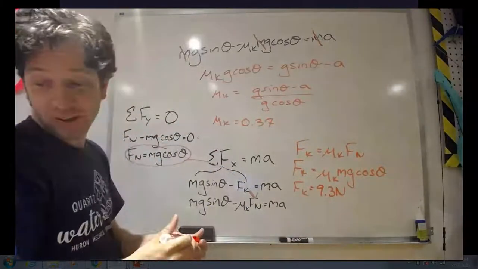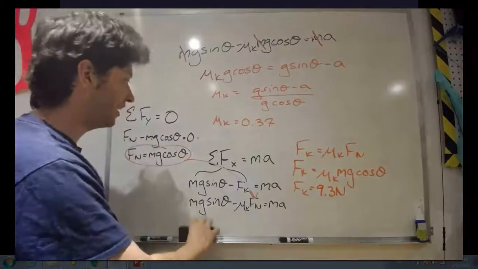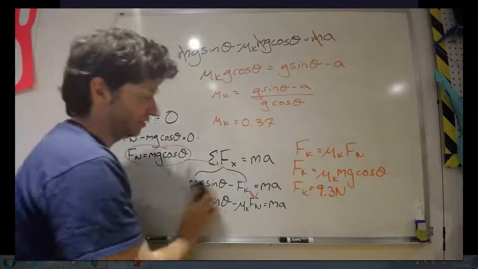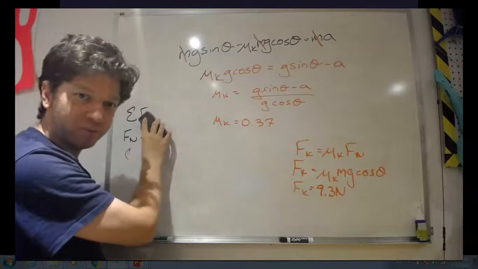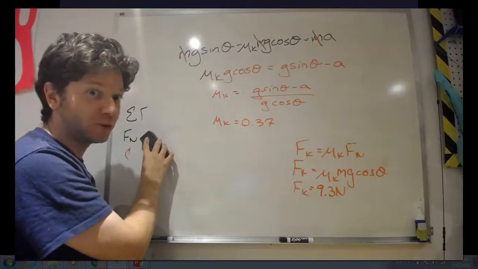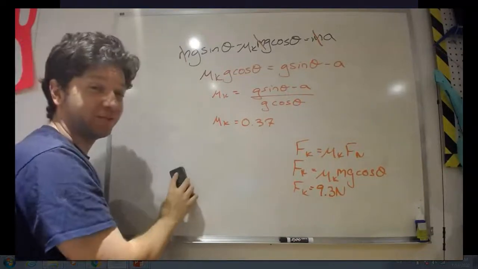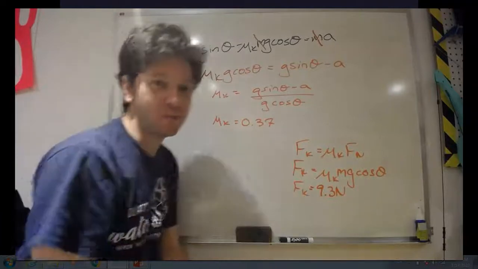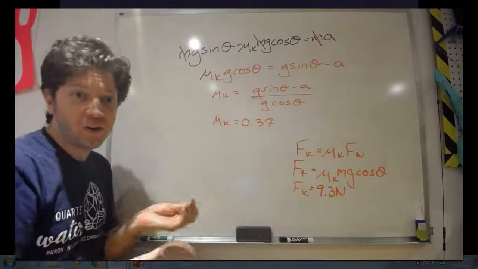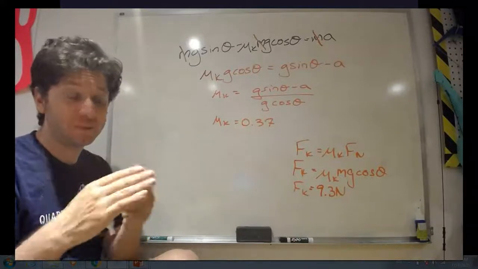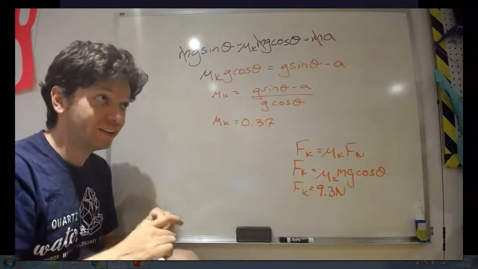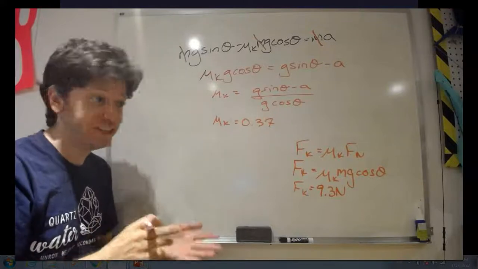Now the last part says the speed of the block after it has slid 2 meters. So this sounds like a forces problem or a motion problem. It's asking for final velocity, so it sounds like a motion problem. Since we know all other 4 variables, initial velocity, acceleration, time, and displacement, you can pretty much choose your favorite equation.